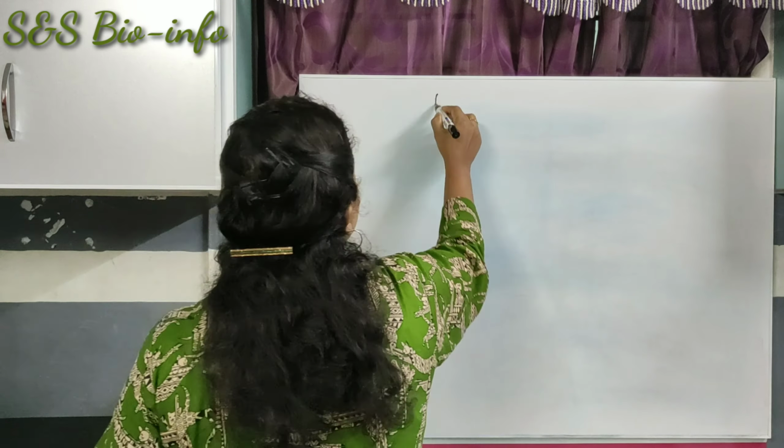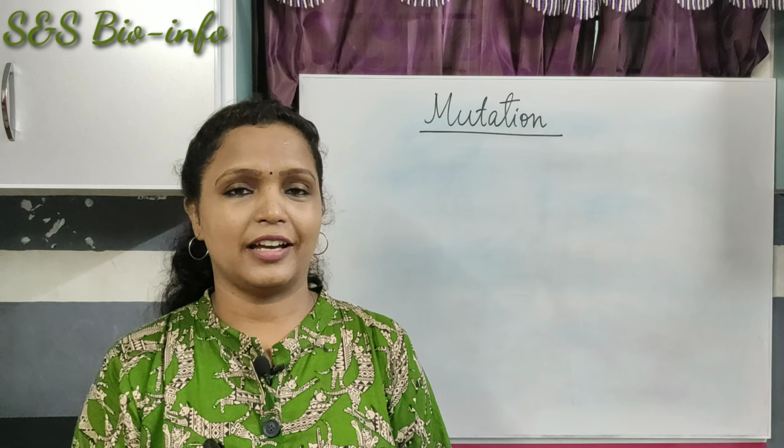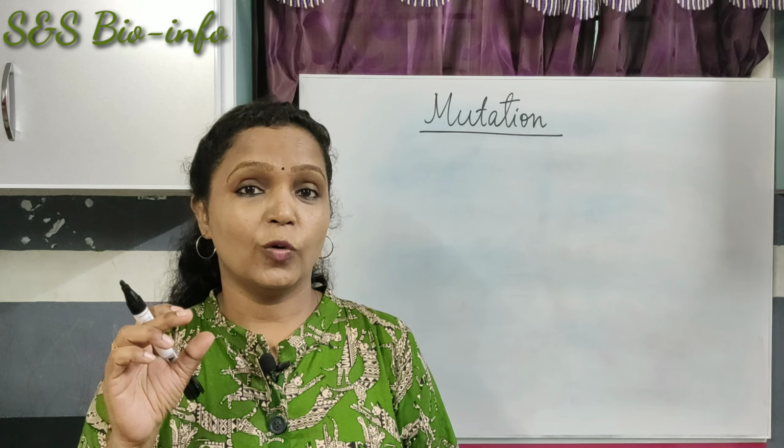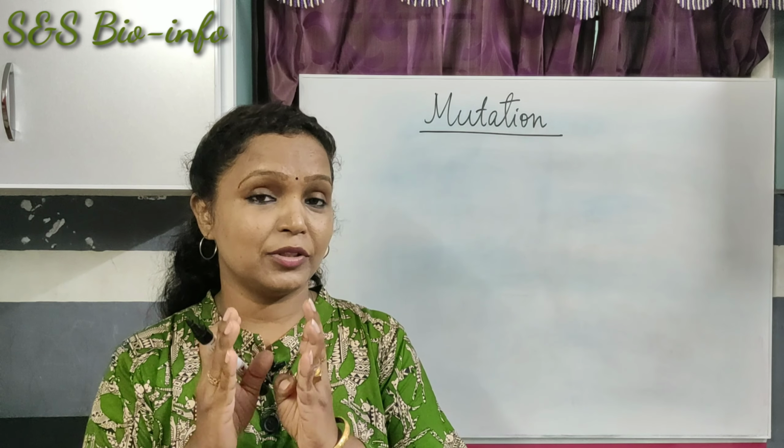Mutations are random, unpredictable changes that occur in the genetic material of an organism that result in changes of the genotype and the phenotype of an organism. So what are the two points in the mutation?